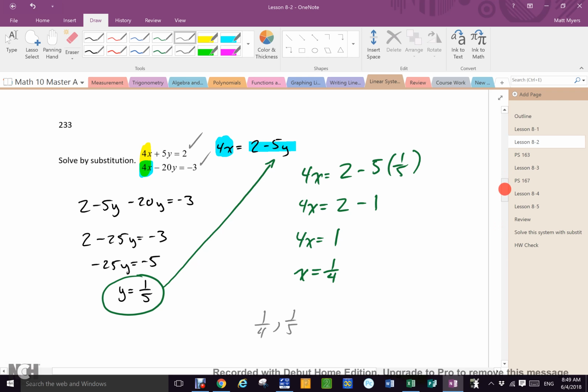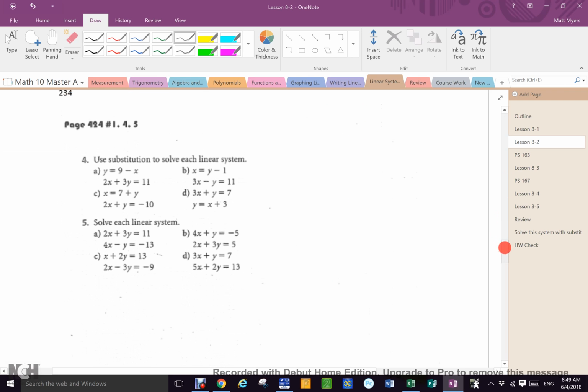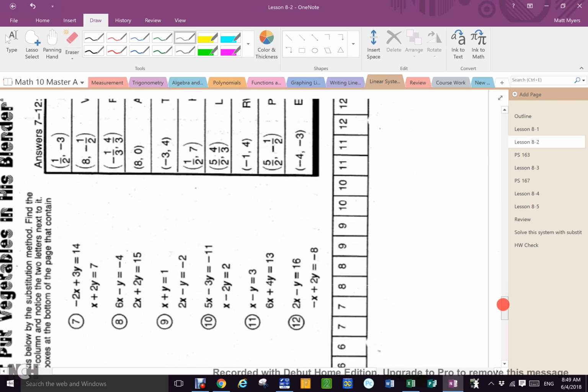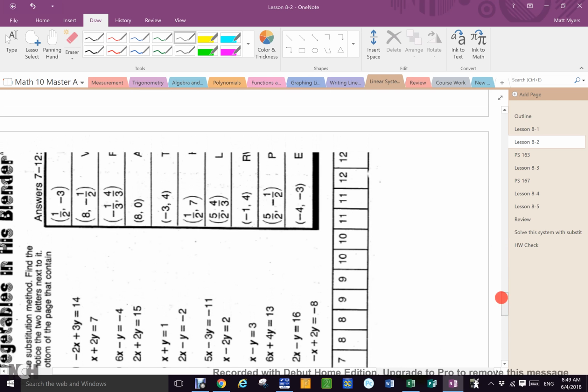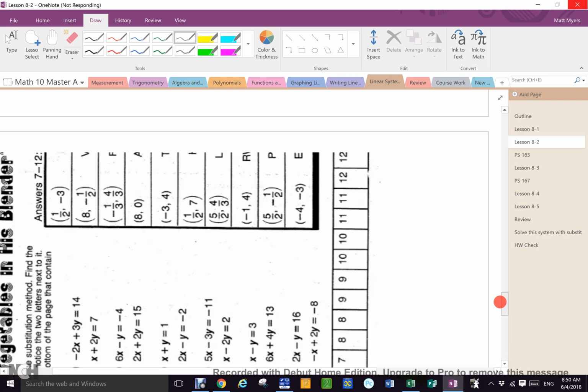So, listen up. The next page in your book should be 234. I have my copy right here. And then you should have a puzzle sheet.